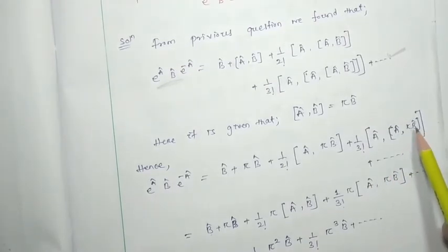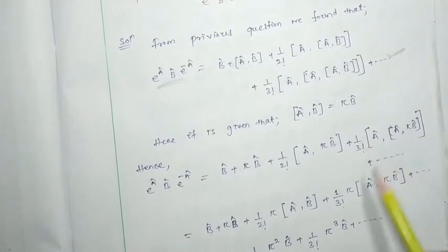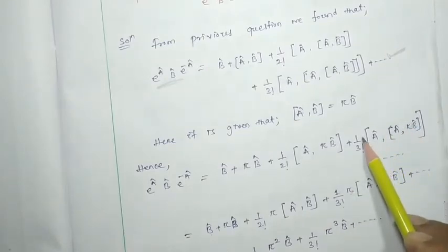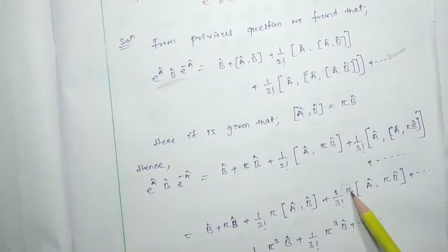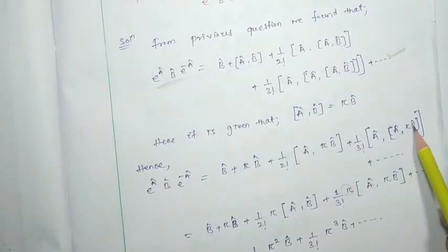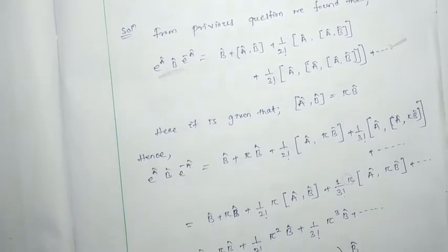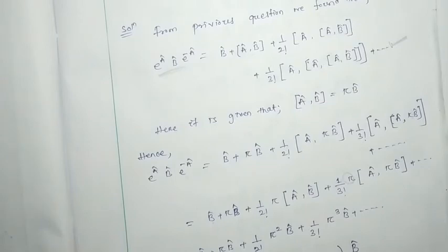See, here one r has been taken outside, and when the other r is taken outside, the a cap b cap commutation can again be written as r b cap. So hence, in the next step we get b cap plus r b cap plus 1 by 2 factorial r square b cap, because here the a cap b cap commutation is again r b cap, so another r will be there.